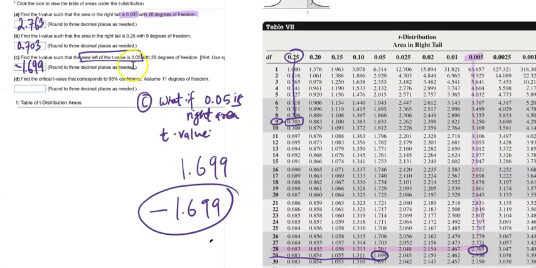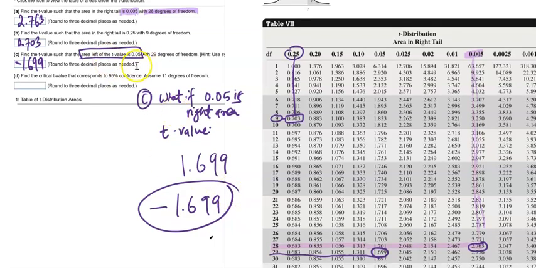So the idea here is you just find the t value using the right area. Even if the left area is given, you can think of this left area as a right area and find the t value, and your answer has to be negative if the left area is given. So if the left area is given, your t value is supposed to be negative.